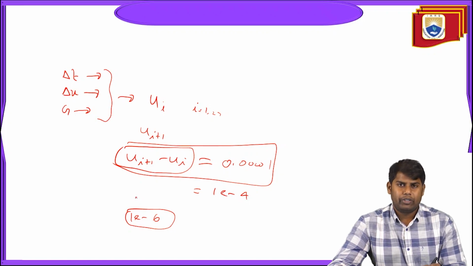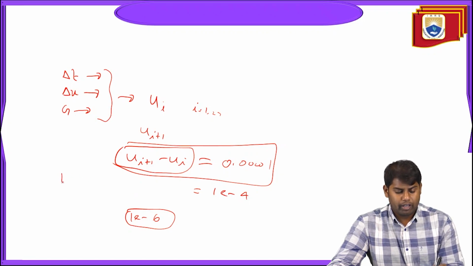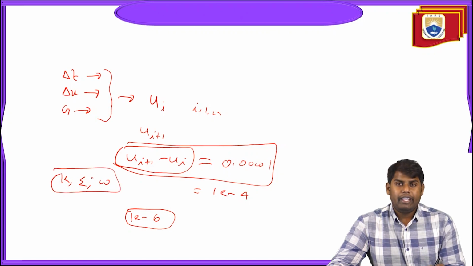So we will take continuity, x momentum, y momentum, z momentum, the energy equation, or let's say temperature, and let's say we have k, epsilon, omega. So we will give each and every variable a convergence criteria.